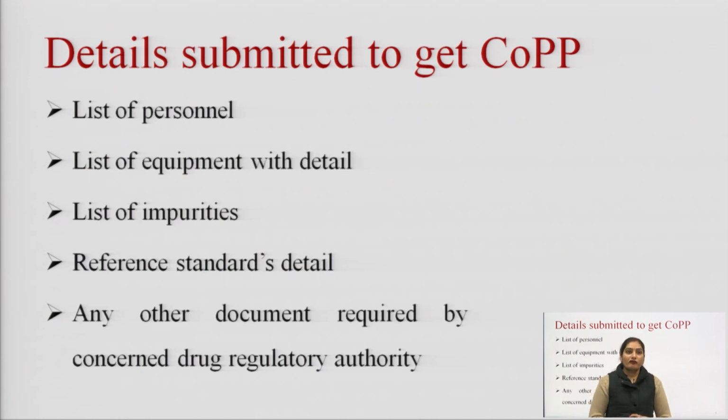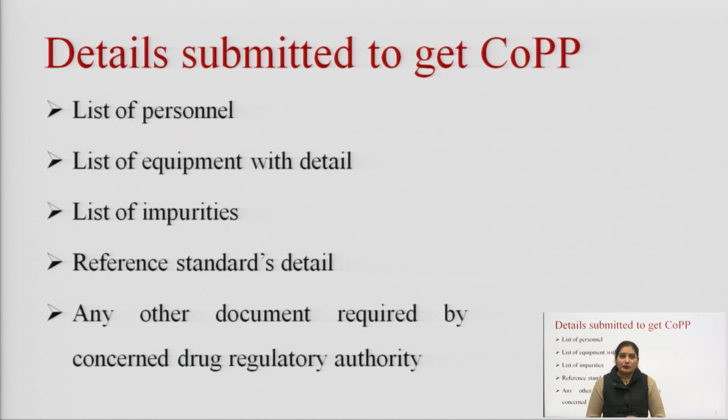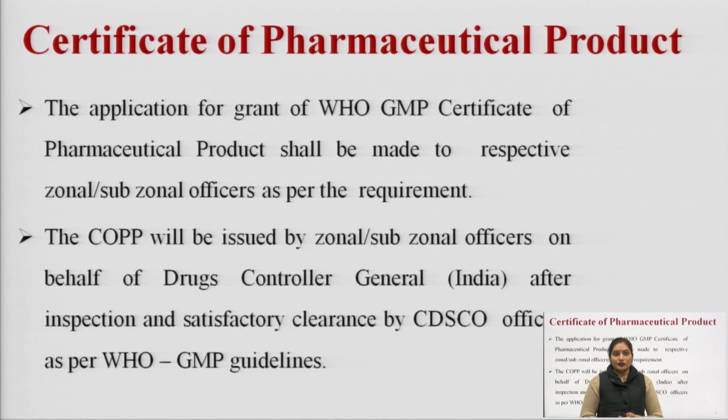Next is list of personnel, list of equipments with detail, list of impurities, reference standards detail, and any other document required by the concerned drug regulatory authority. So, these all are the documents that should be submitted to get the COPP.